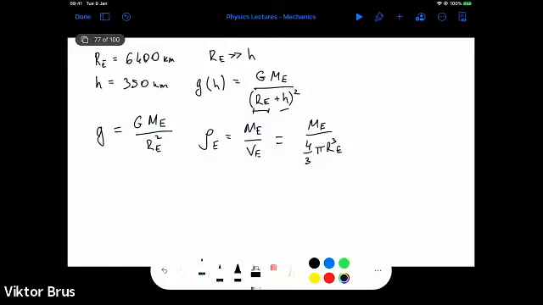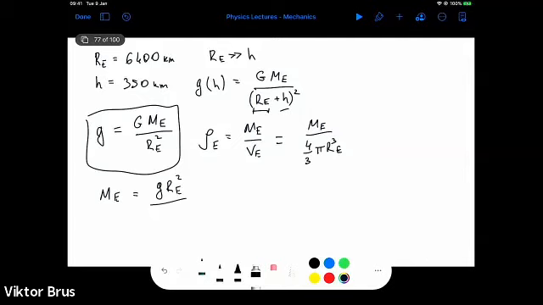We can now define the mass of the Earth from this equation and calculate the density. So the mass of the Earth is equal to the product of the acceleration of free fall and the radius squared, divided by capital G, which is the gravitational constant.